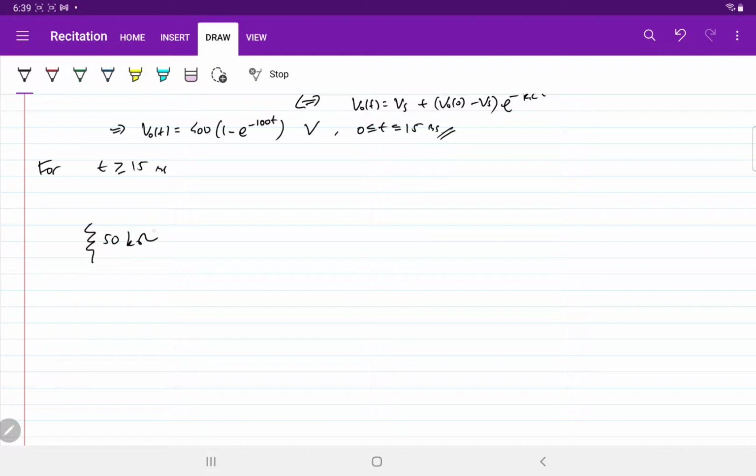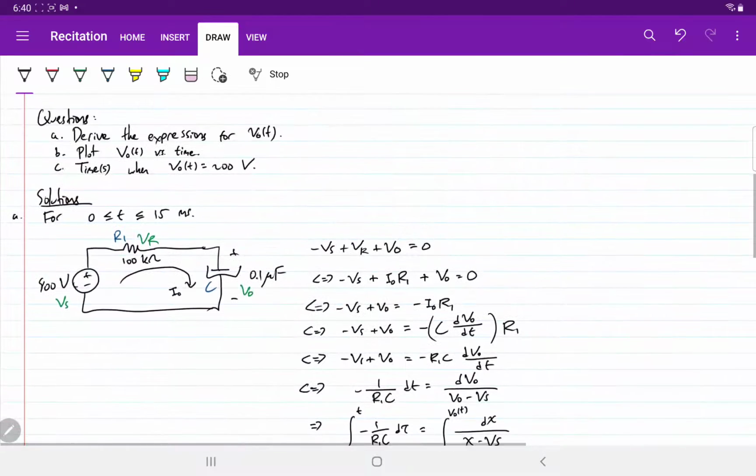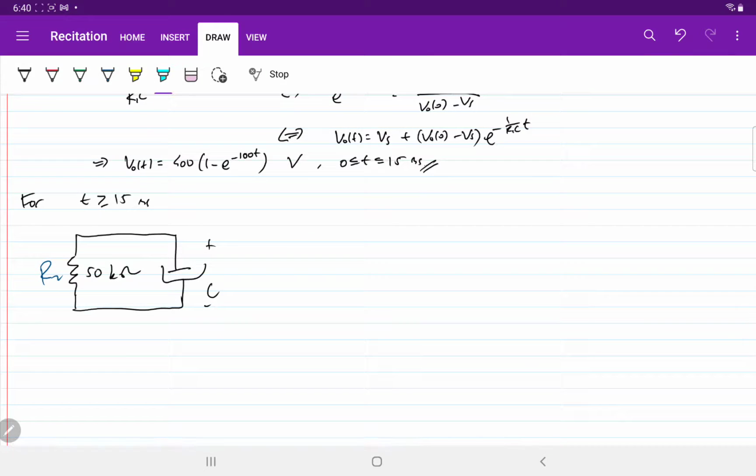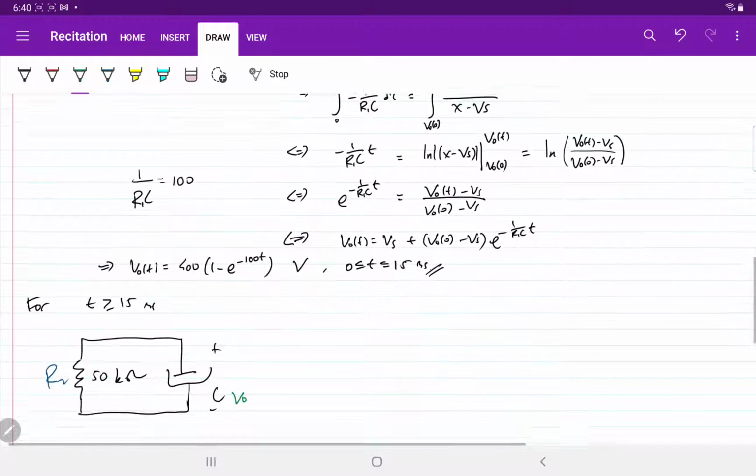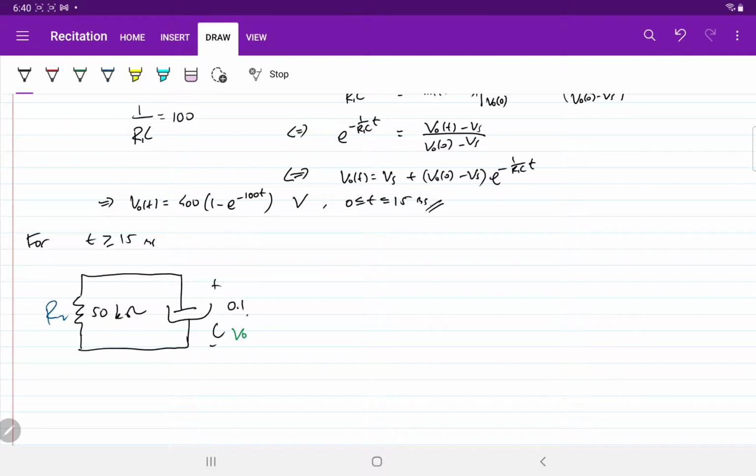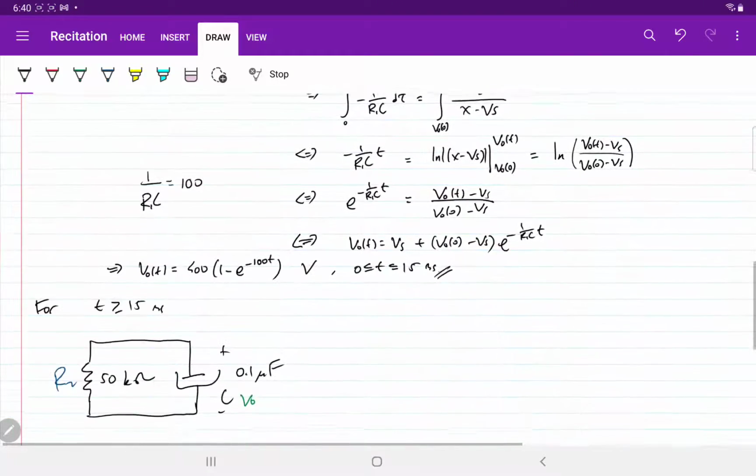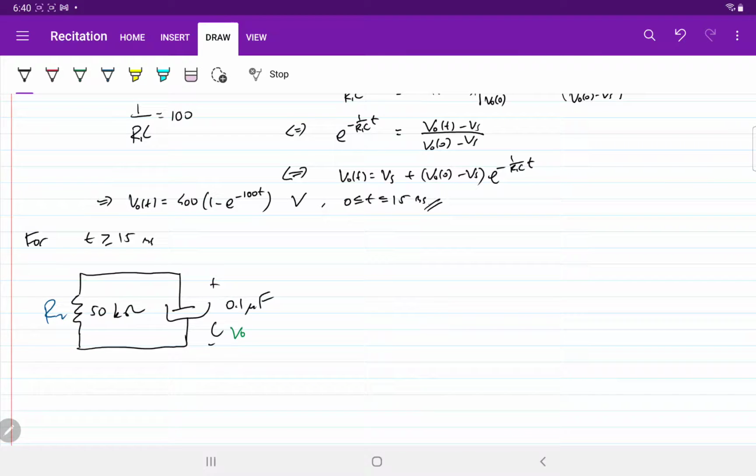The 50k resistor, let's call it R2. I have the capacitor C with plus and minus V0, and this is per micro.